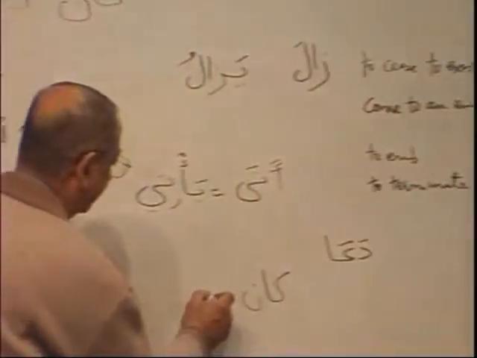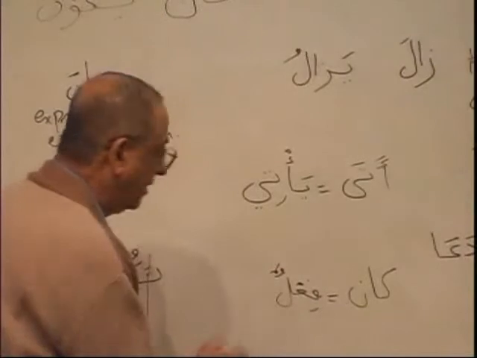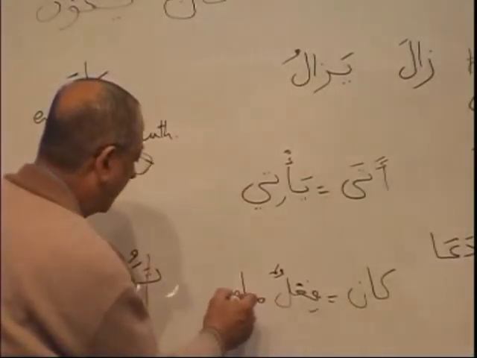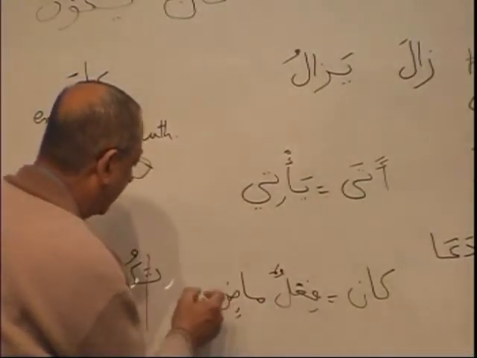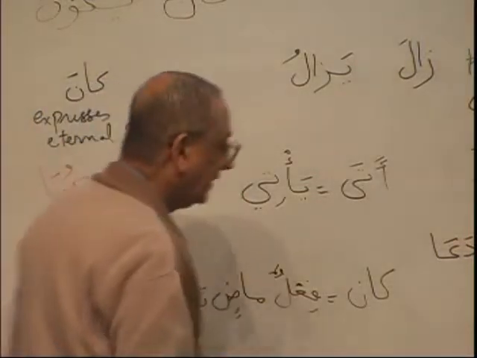Kana is fi'alun, madin, naqisun. Brothers and sisters, see, I wrote down fi'alun. Then I came to ma'din.